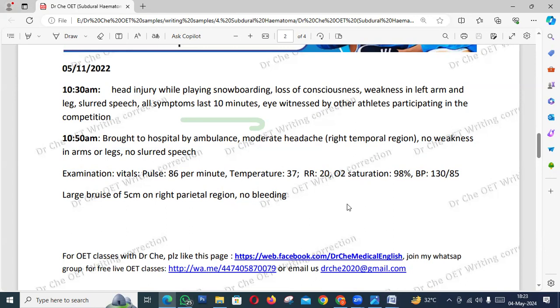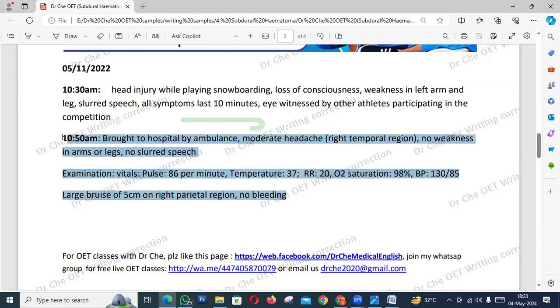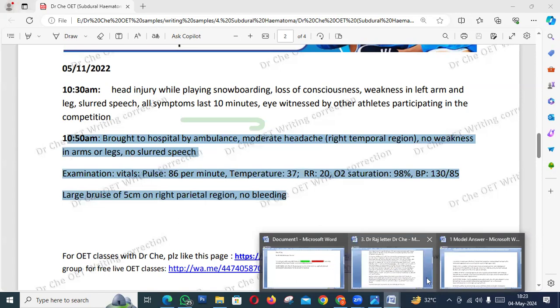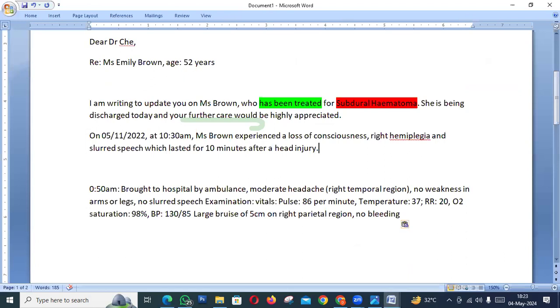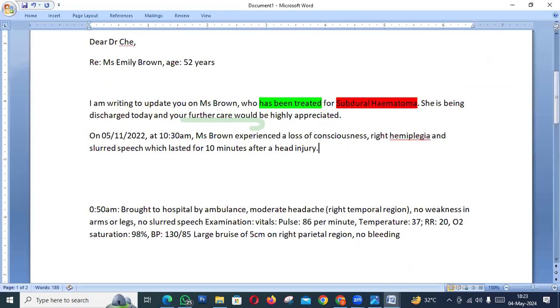Now let us try, yeah. Let us copy this in, you know. Here we have text and we have to write a sentence, okay.